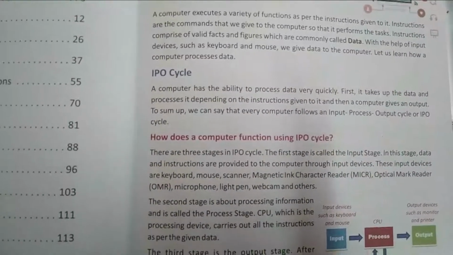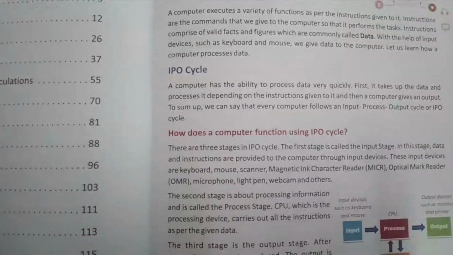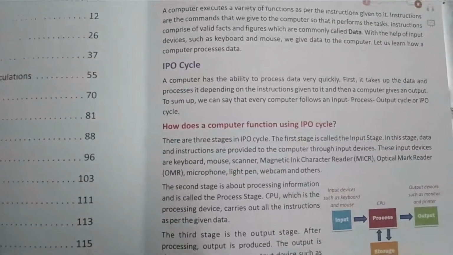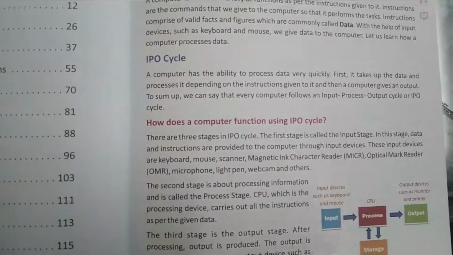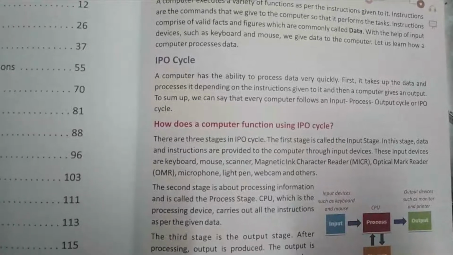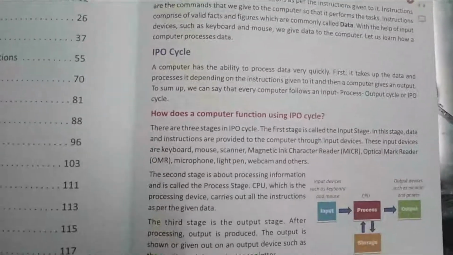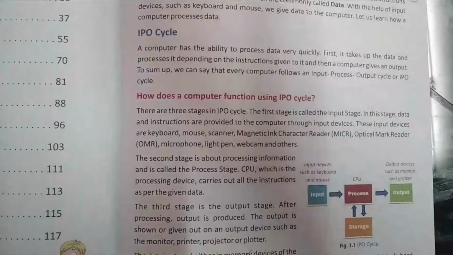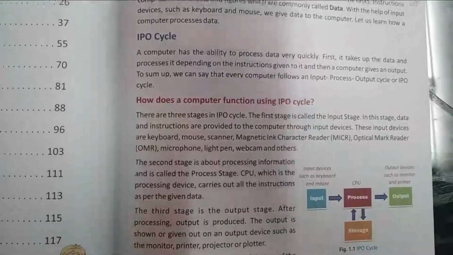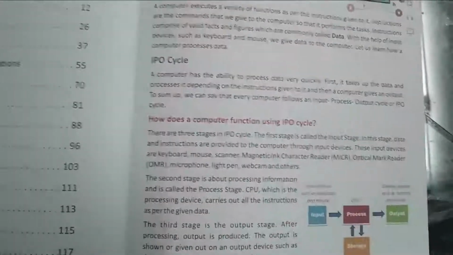That is the kind of process that takes place in a computer. Say it again: input, process, then output cycle. When we give a command or instruction, it processes the data and then gives the output. That is the process of a computer.